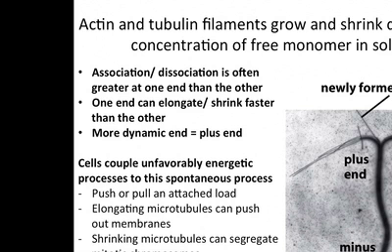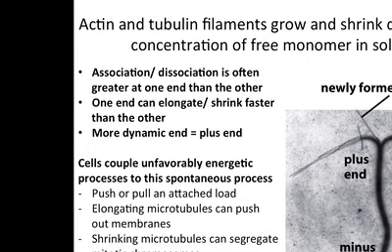So, actin, I keep on talking about this critical concentration. I'm going to go back and forth about this for a little bit. Actin and tubulin filaments grow. Okay, let's just think about that for a minute. People get very confused about critical concentration, and I think it's because in the book they talk about it mathematically, which for some people is very easy to understand, but other people see an equation and think, I can't understand this.